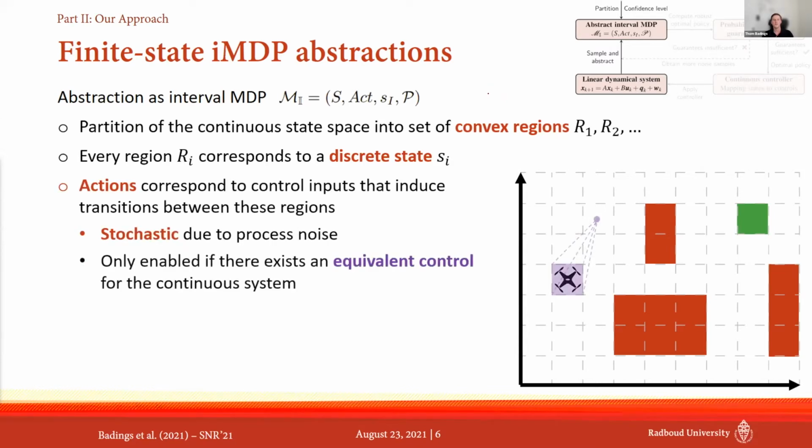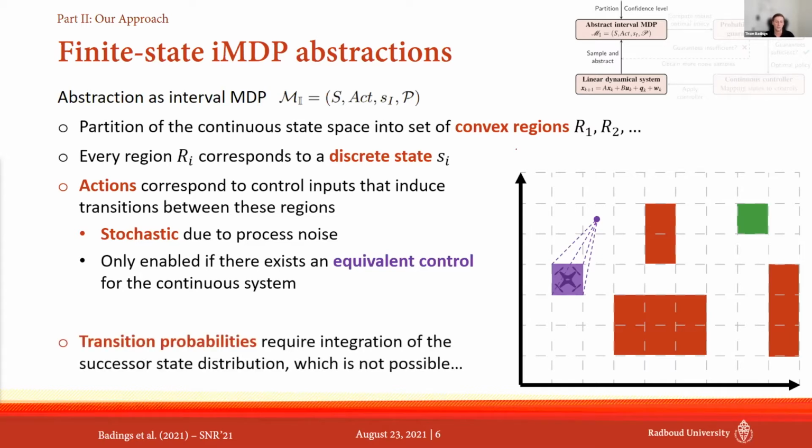Then the actions of the Markov decision process correspond to control inputs that induce transitions between these regions. And because of the process noise, these actions are stochastic as well. And because we want our abstraction to be a faithful representation of the dynamical system, we also impose a certain constraint, which basically ensures that actions in the abstraction are only enabled if there exists an equivalent control input that would induce the same transition for the continuous system.